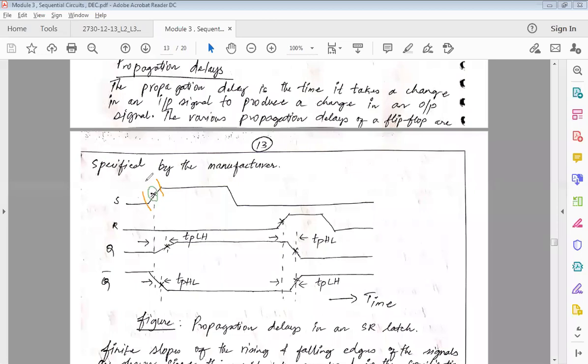So I will take something which is in between, which is nothing but your mid state, or we can call it a metastable state. So from this point, I am taking a line. Now I am comparing S and Q only. So keep your concentration there on S and Q.